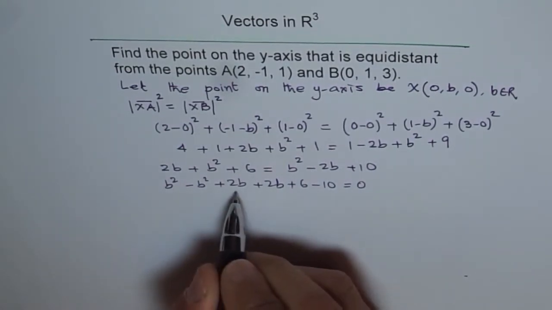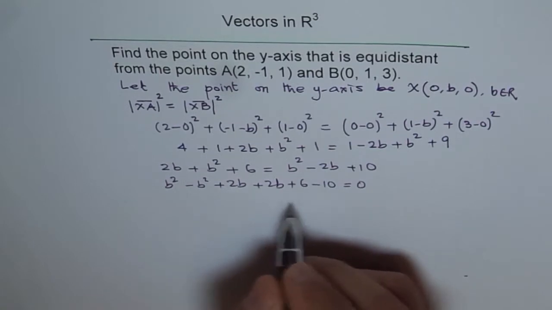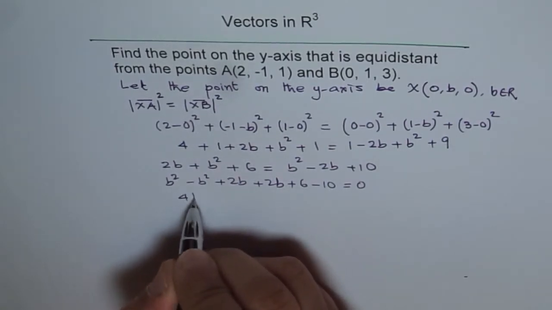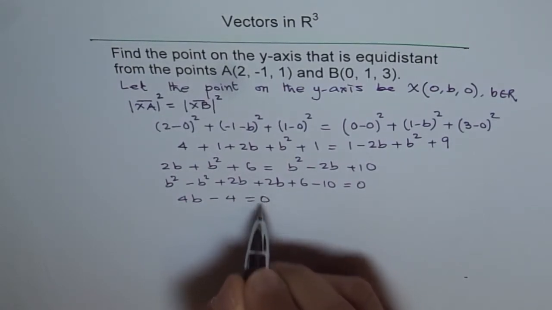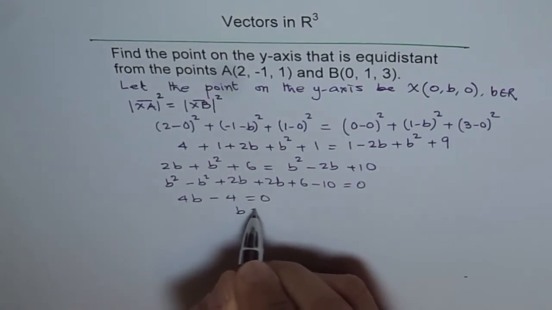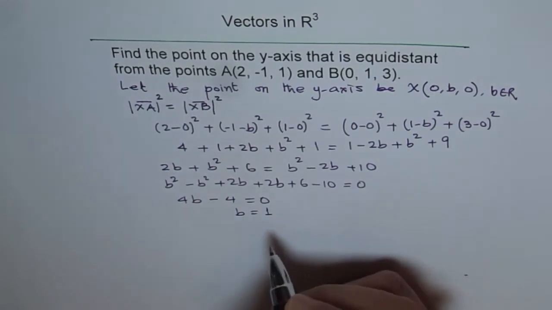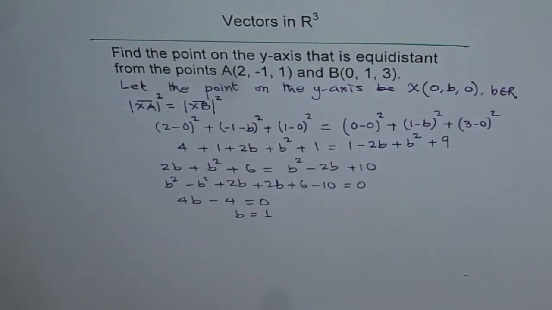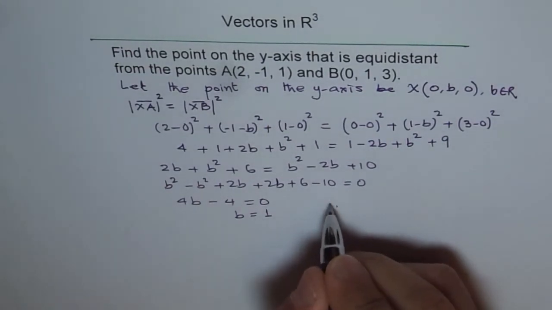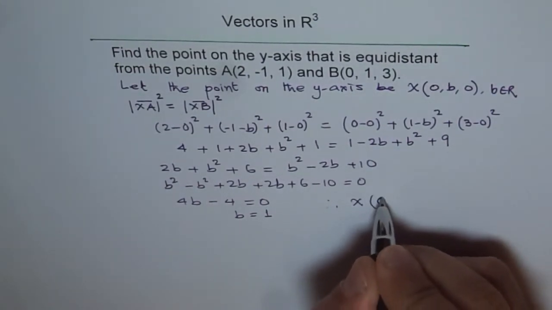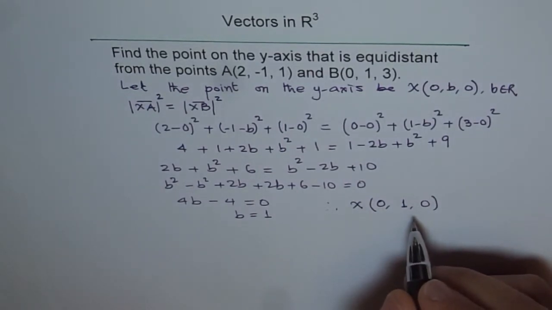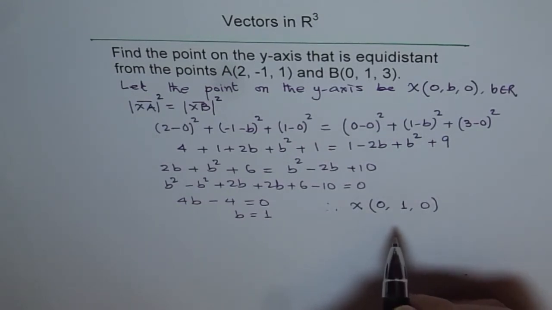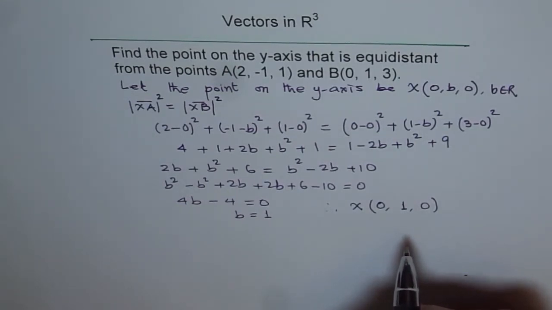And that gives us 4b minus 4 equals 0, and that gives us b equals 1. So we get a point where b is 1. So the point X should be (0, 1, 0). So that is the location of our point on the y-axis. This point is equidistant from the given points A and B.